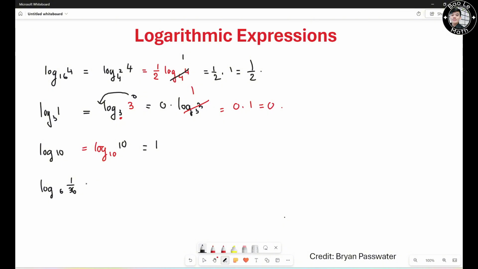This one is the same thing as log base 6 of 1 over 6 squared. So I can rewrite this as log base 6 of 6 to the negative 2. So I just bring negative 2 to the front. So it's negative 2 times log base 6 of 6. Log base 6 of 6 is going to be 1. So the answer must be negative 2.